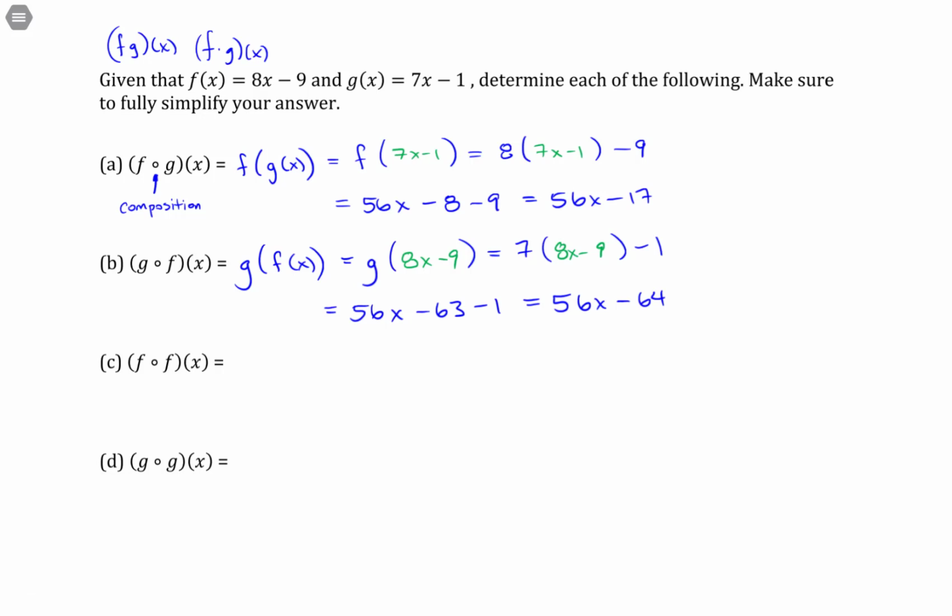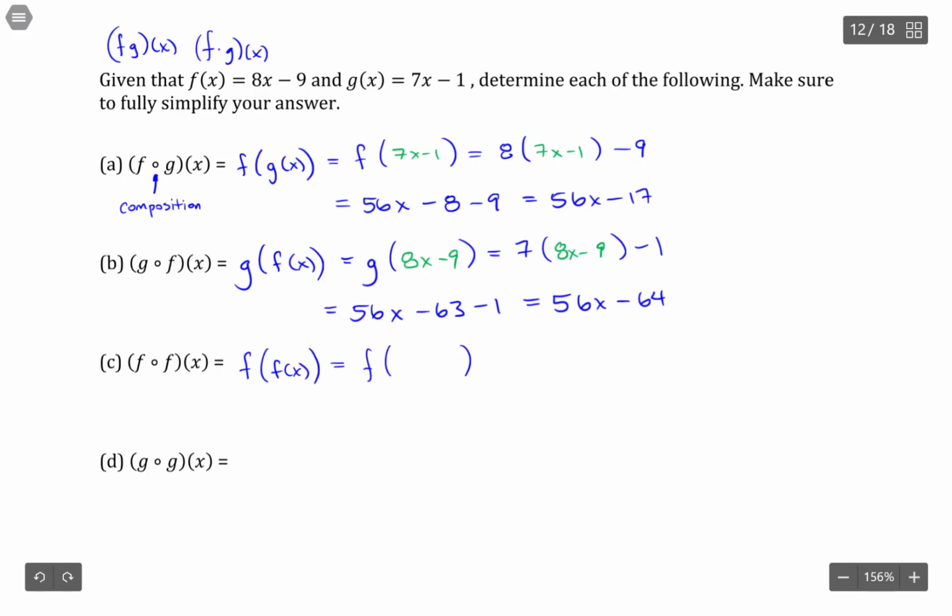The last two examples just ask me to evaluate f composed f of x, which is fine and easy enough to do. I just take the function f and put 8x minus 9 into the function.